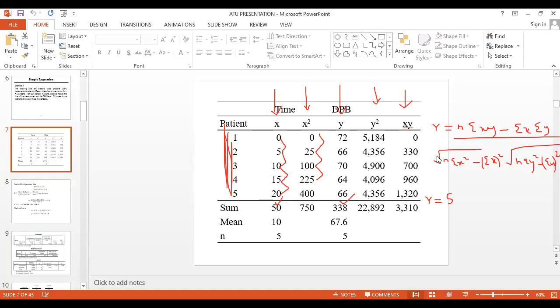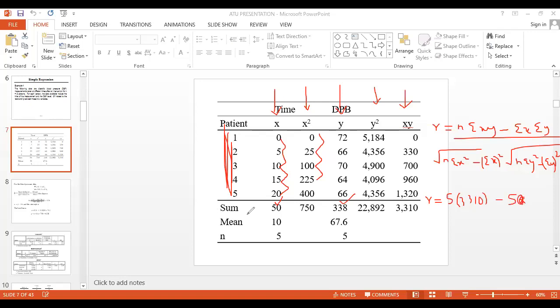So 5 times summation XY is 3310, then minus summation X. Summation X is 5, times 5 times summation Y. Oh, I think summation X is 50, sorry. So 50, this is it.